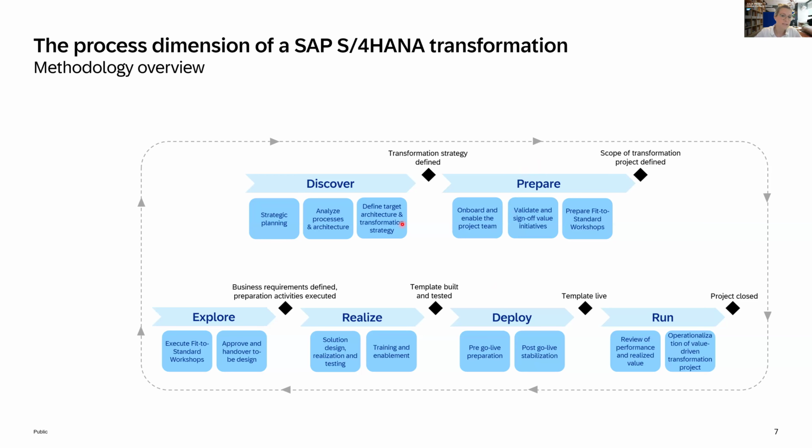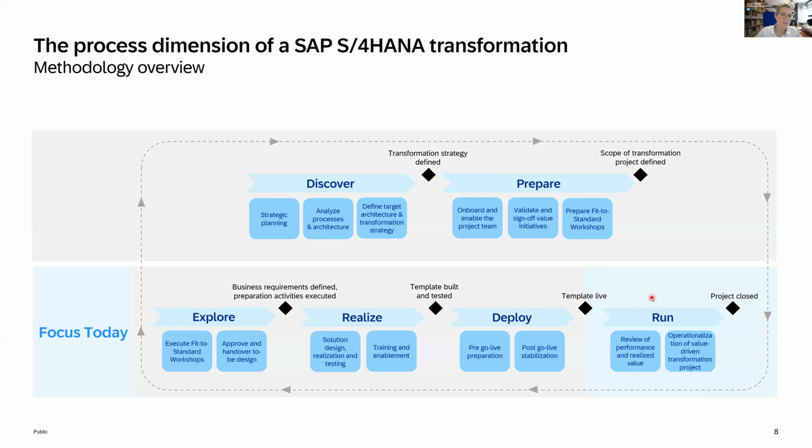The third phase is the so-called explore phase, where business requirements are defined and the actual preparation for testing is done. During the realize and deploy phases, tests are executed, the solution design is completed, training and enablement is done, and the actual go-live is happening. Now, in our situation today, the template is live and we're now in the run phase.